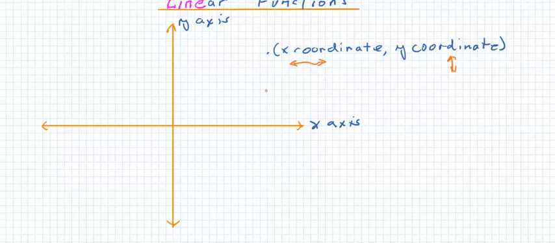So if I look at this point right here, in the x direction I go 1, 2, 3, 4, 5. We'll call it point A. The x-coordinate is 5, and the y-coordinate is 1, 2, 3.